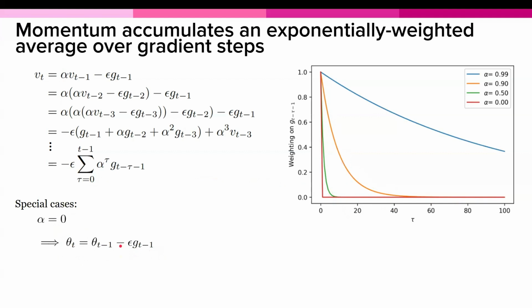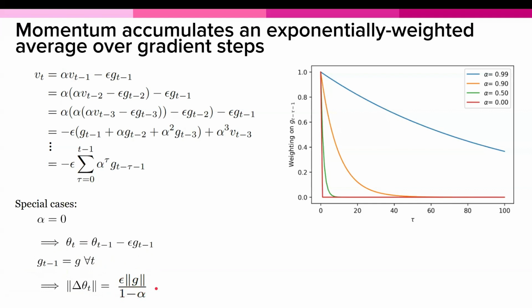Conversely, if the gradients are identical across all time steps, so all previously observed gradients are some gradient g for all t, the cumulative effect of momentum allows for a much larger step, proportional to the sum of gradients divided by 1 minus alpha.